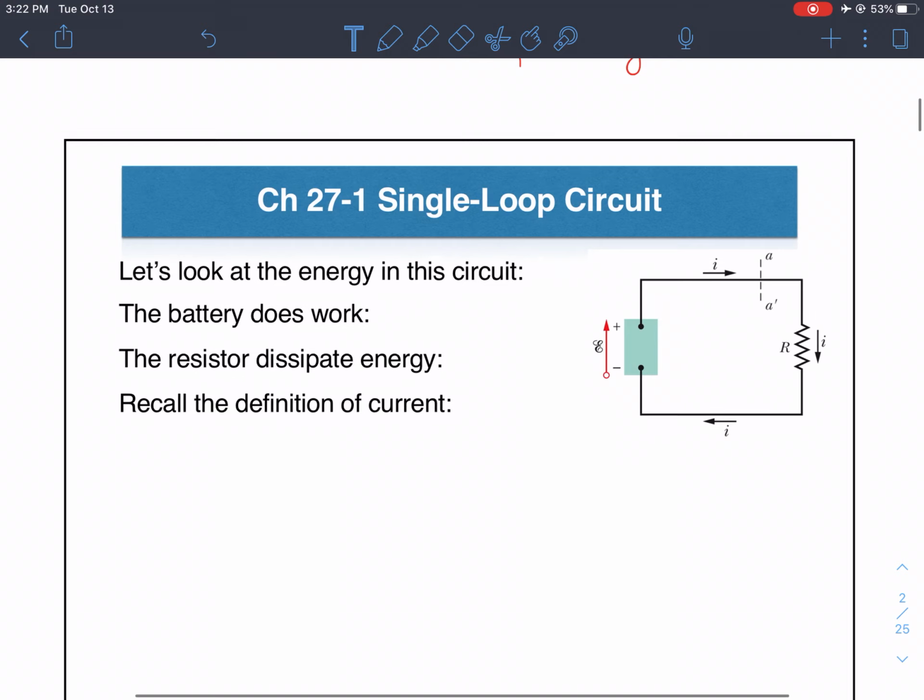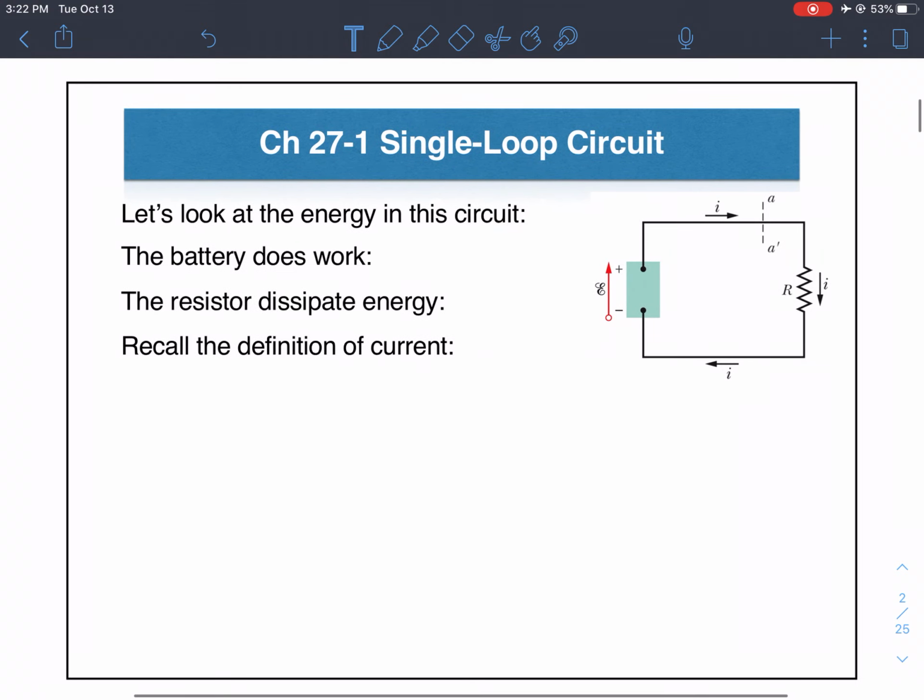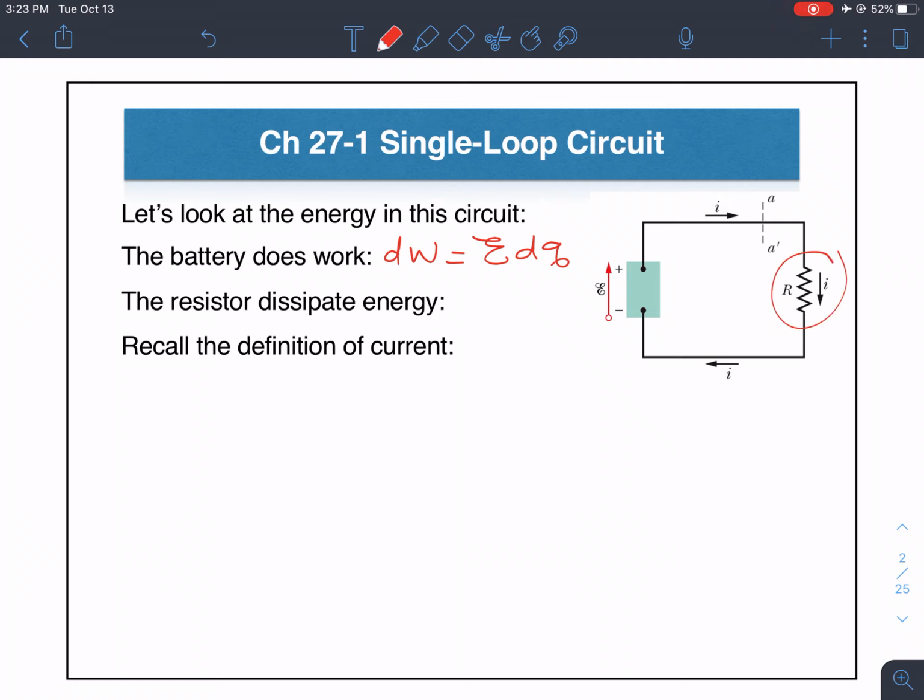So if you look at the energy in the circuit, first of all, the battery does work, as we mentioned. Rearranging that EMF definition, the work is EMF times dQ, right? And the resistor dissipates the energy. So you can see the load resistor here.